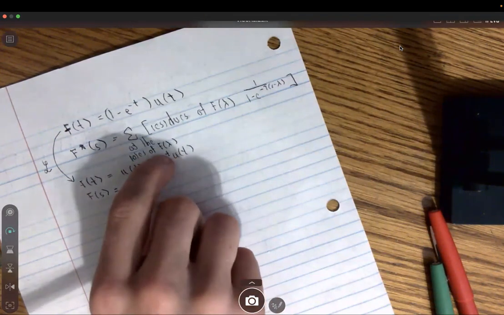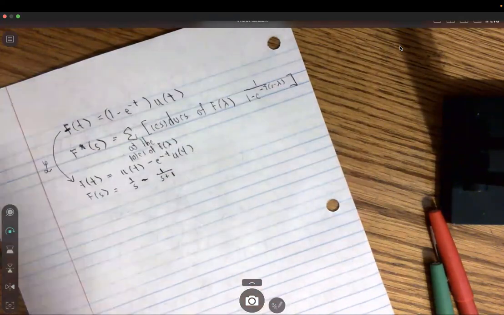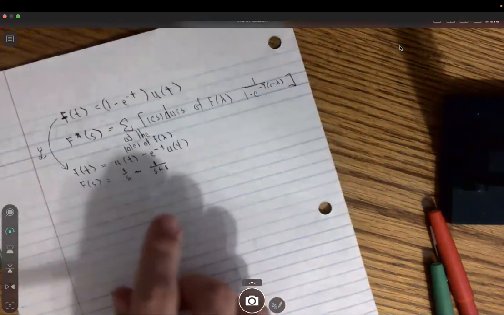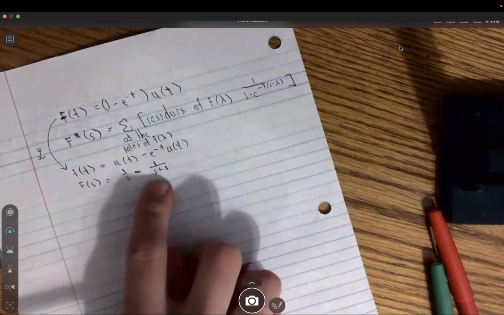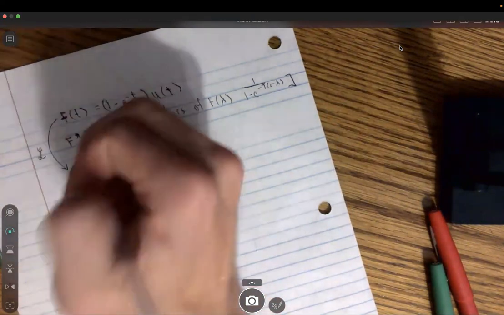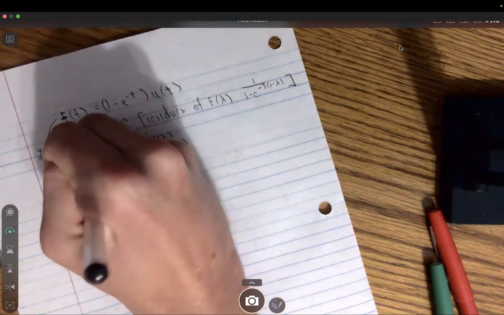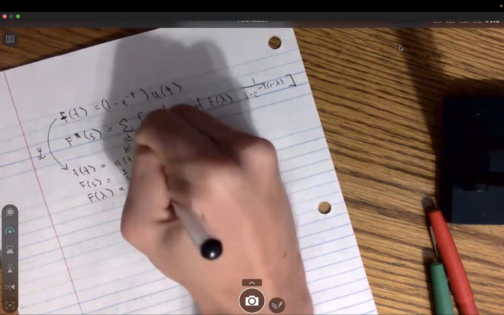Notice that it's a 1 right here because the negative sign makes this a positive down here. So it's 1 over s minus 1 over s plus 1. That's just from your Laplace transform table, so include that if not on your paper. So now we have f of s right here. And so what if I want it in terms of f lambda? Okay, what I'm going to do is I'm just going to replace the s with the lambda. And so 1 over lambda minus 1 over lambda plus 1.